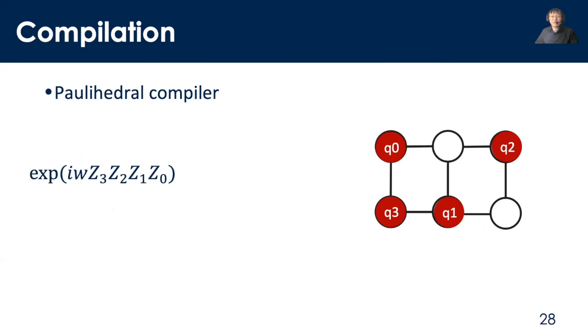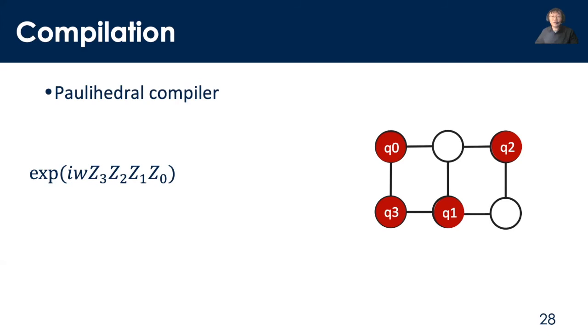Now let's take a look at how our Paulihedral compiler will do the mapping for this Pauli string simulation circuit. Instead of converting this operator into basic gates, we consider this operator as an entire circuit block. Recall that the requirement of the CNOT gates is to connect all qubits in a tree structure.